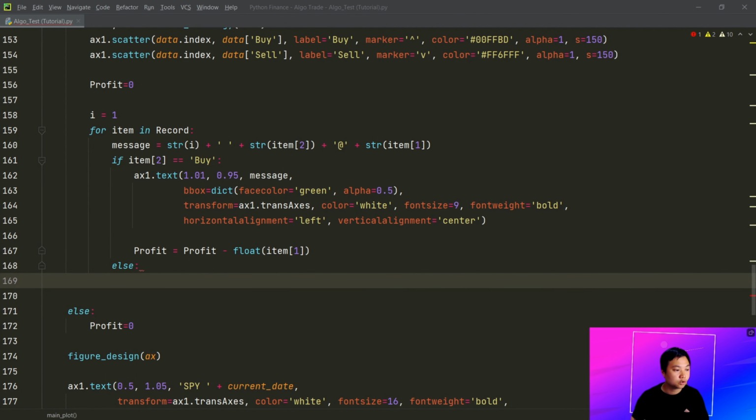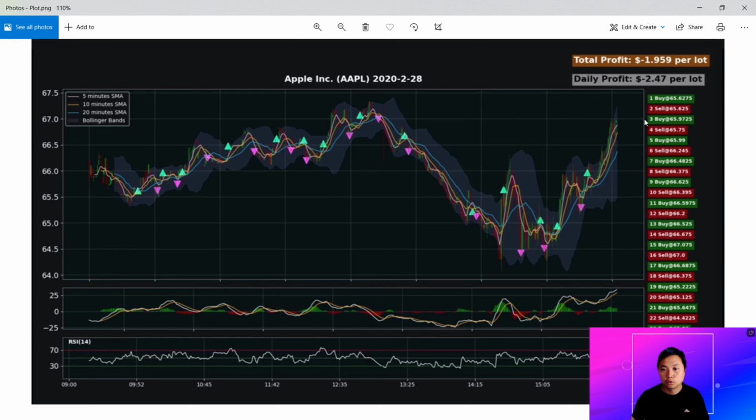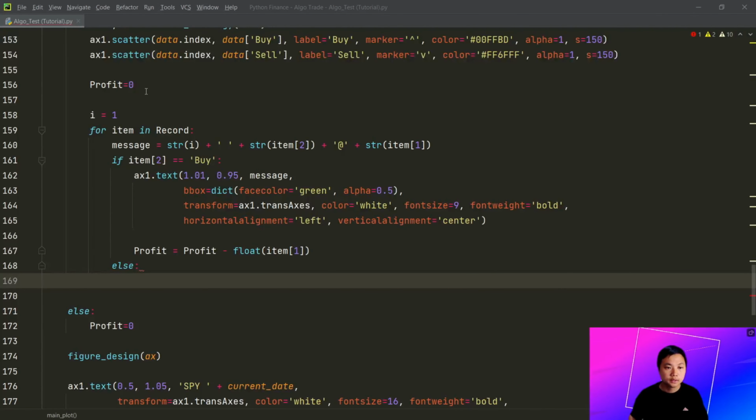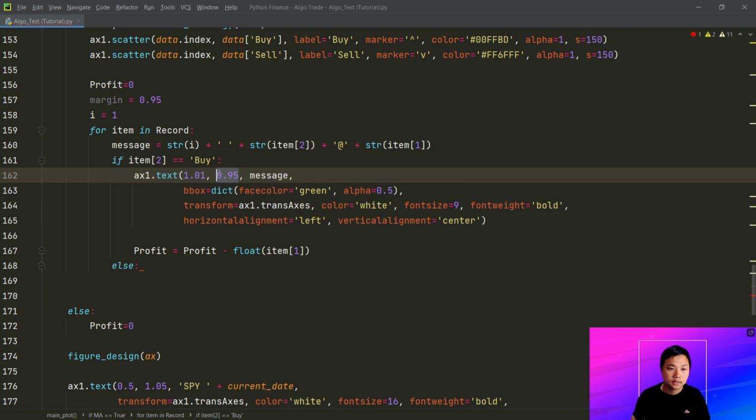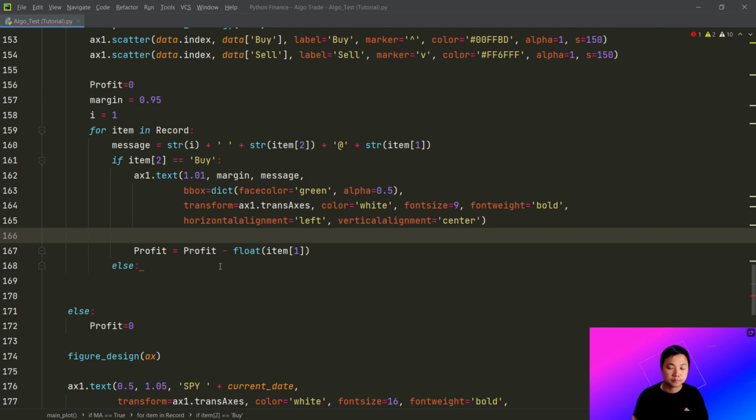Because I want to show the trades one by one, you can see that the text has to move down. Therefore, I will just set a margin over here and set it equal to 0.595. That is the starting point. And then I'll just change it to the margin.